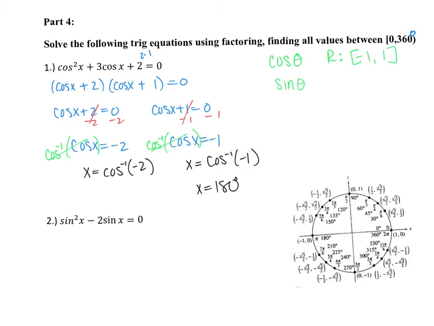So sine can only be from negative 1 to 1, whereas tangent can be any number, from negative infinity to positive infinity. But for sine and cosine, you can't have a value like that inside of the inverse. So you can't have a cosine value of negative 2, because it's outside of negative 1 and 1. It's too big, or too negative. So this one would give no solution.